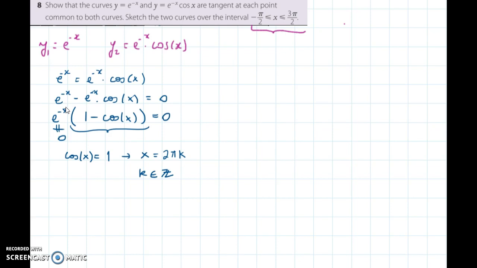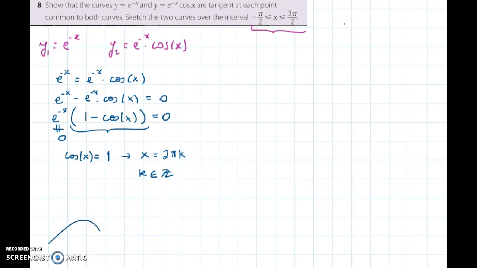So what we need to check is that the tangents are the same when we have points of intersection. Let me just sketch here. We have a function here, we have a function here, and here we have the point of intersection. So maybe this is a biased picture. Let me try again with another one.